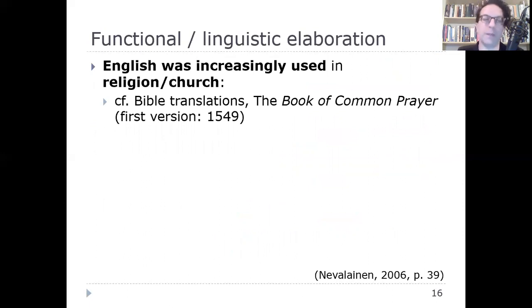Even though in the late Middle Ages, you also had Bible translations, or partial Bible translations mostly. Now you also have things like the Book of Common Prayer for the newly founded Anglican Church, for example, appearing in English, of course. So English is playing a larger and larger role in spirituality, in the religion of the English people.